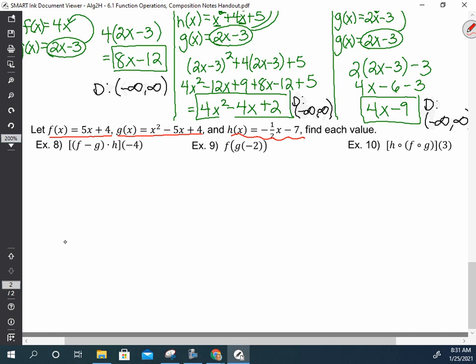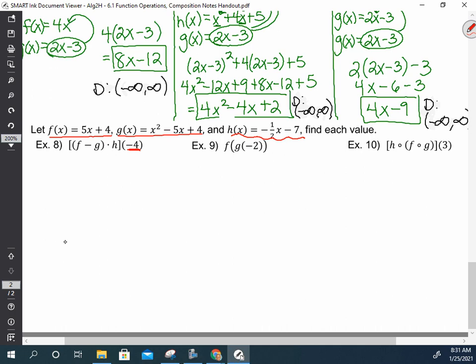So for example 8, you have f minus g times h of -4. So -4 is the number that's getting plugged in.